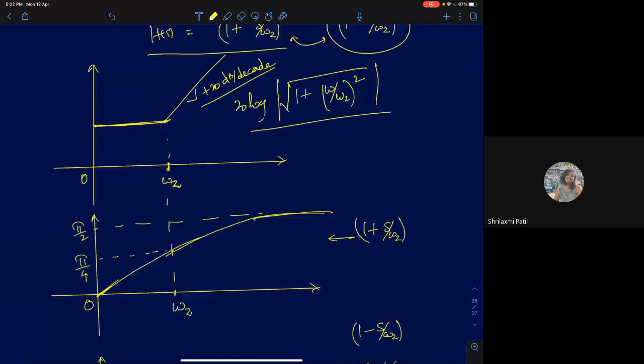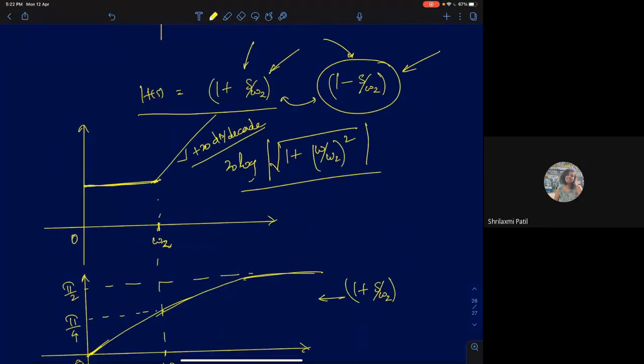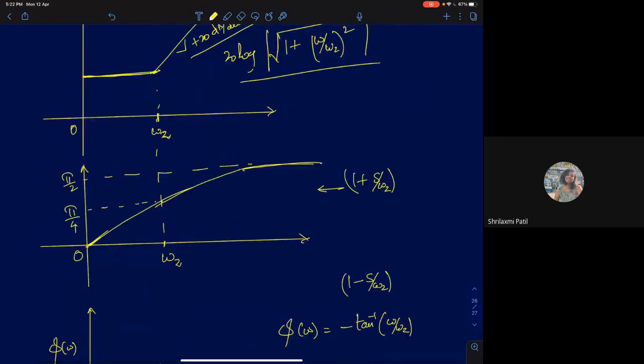The next one is the phase response. So for the phase response, first I'll plot it for the left of plane 0. Left of plane 0 is 1 plus s by omega z. What will be the phase response for this function, in terms of a tan function or inverse tangent function? 1 plus s by omega z, that is 1 plus j omega by omega z.